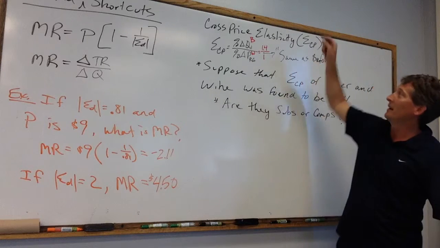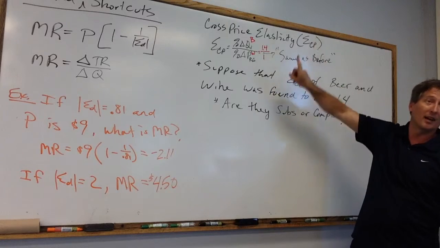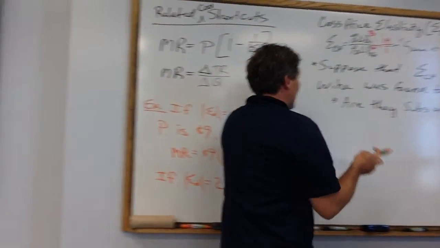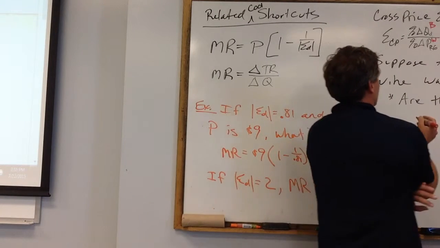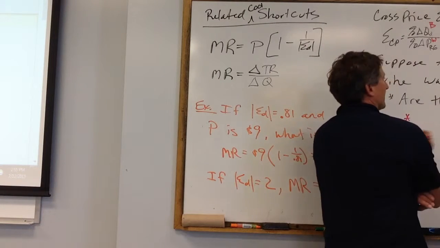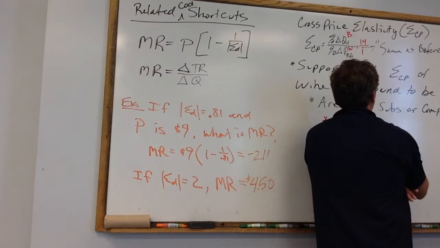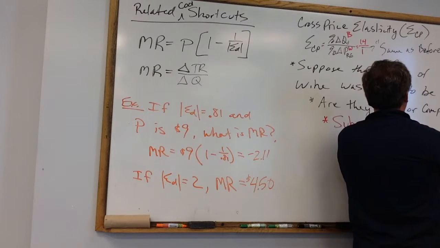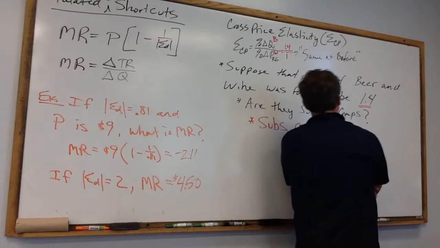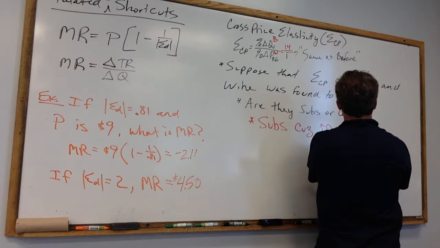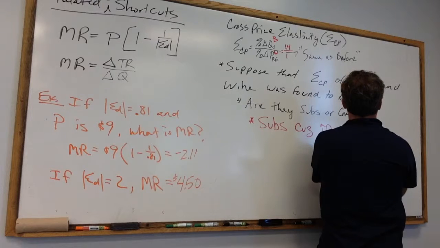One goes up and the other goes up, so they're moving in the same direction. So if we had this relationship, they would be substitutes because an increase in the price of wine leads to an increase in the quantity of beer.